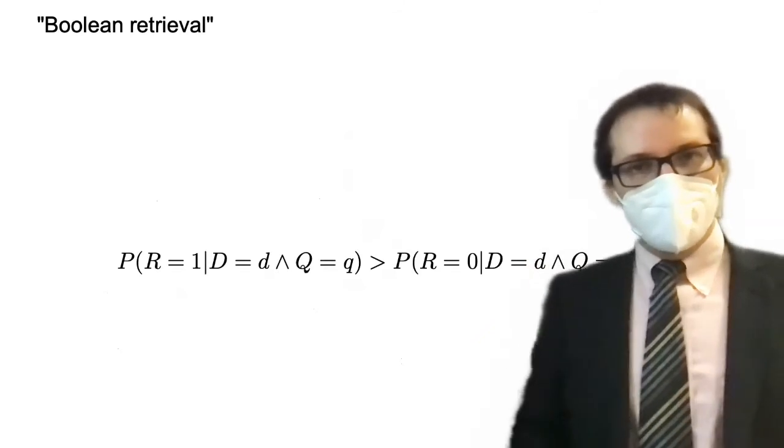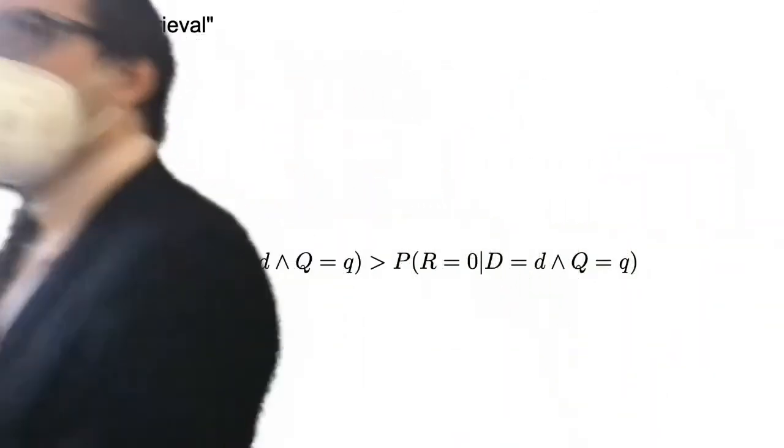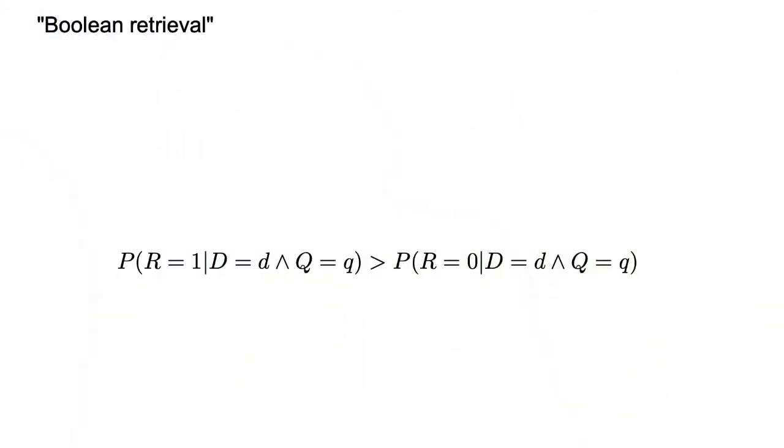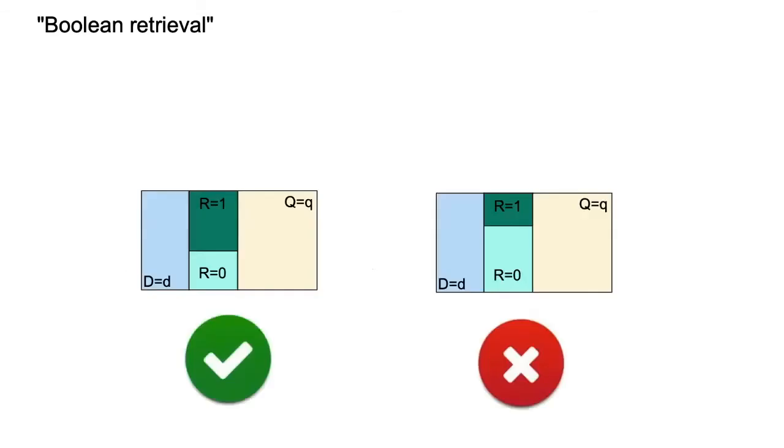All right, so now, and I'm coming back to your comment about the cutoff, if what we are doing is not ranked retrieval, but Boolean retrieval, in the sense that either you return or you don't return, then it's natural to say, okay, I'm going to return a document if it's more likely to be relevant than it is likely to be irrelevant, right? So this here gives us a cutoff value of 0.5, exactly.